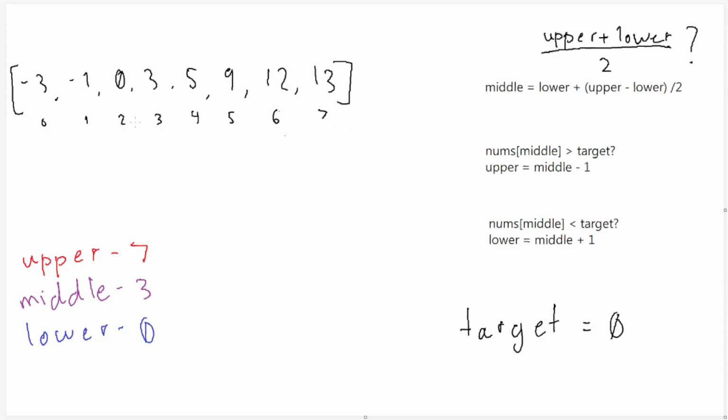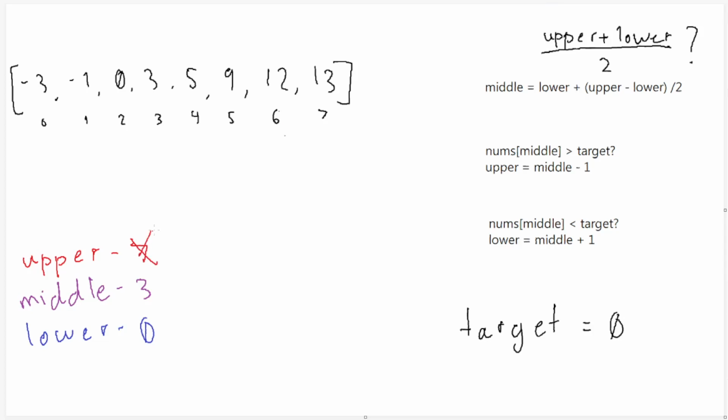Then we'll go back through and calculate our middle again, and this will be the average of 2 and 0, which is 1. Let me actually update this.